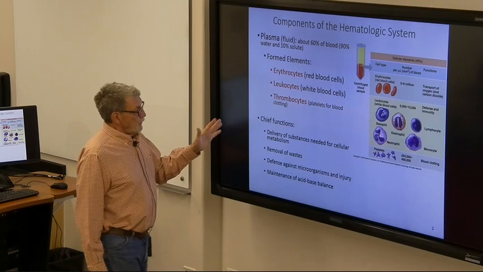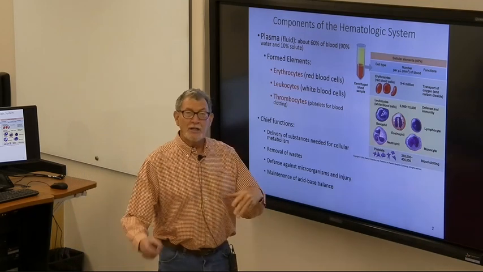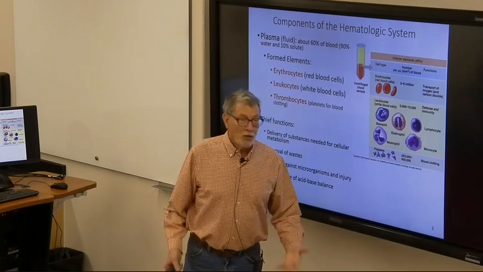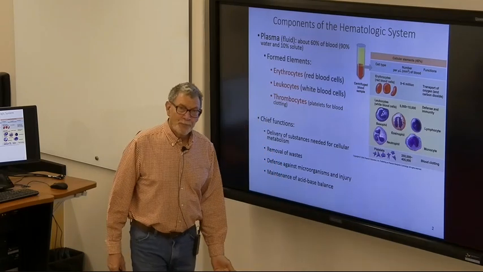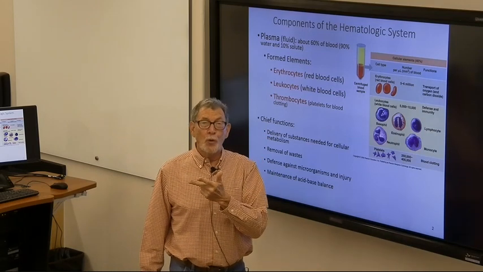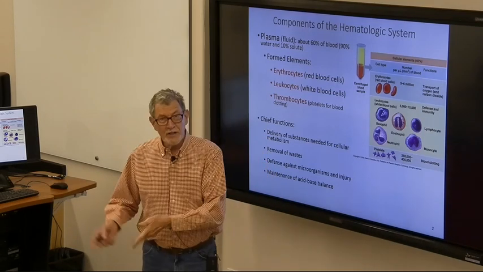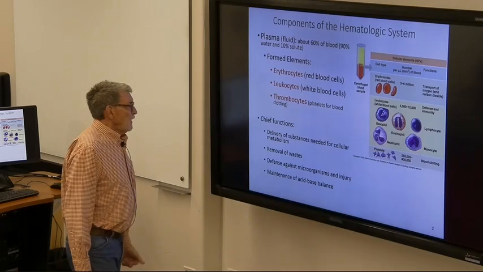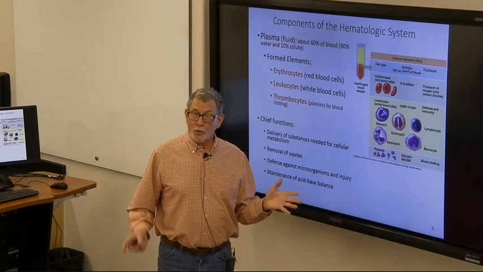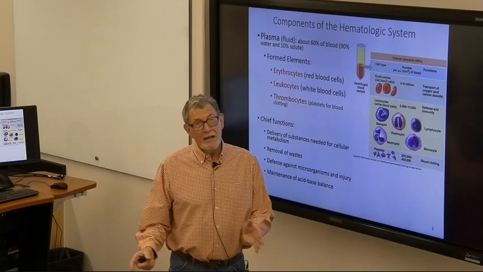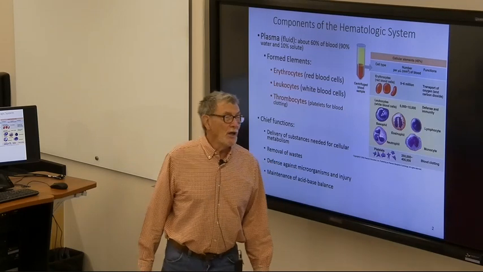And the blood has a lot of functions. It's a connective tissue. It connects all parts of your body one to the other. It delivers oxygen, removes carbon dioxide and other wastes, takes the waste to the kidneys to be eliminated. Your immune system is carried through the lymphatics and the regular blood vessels.